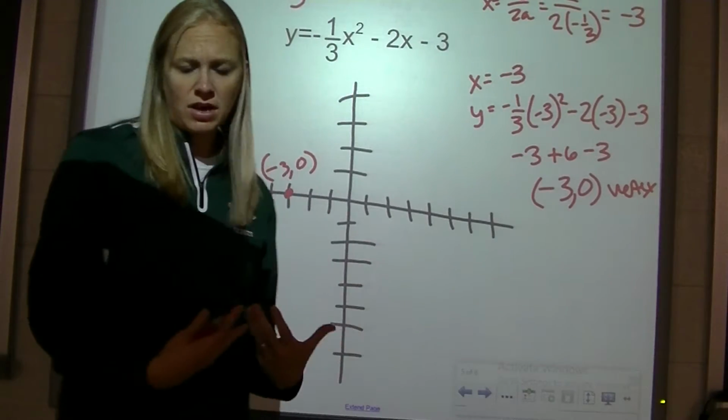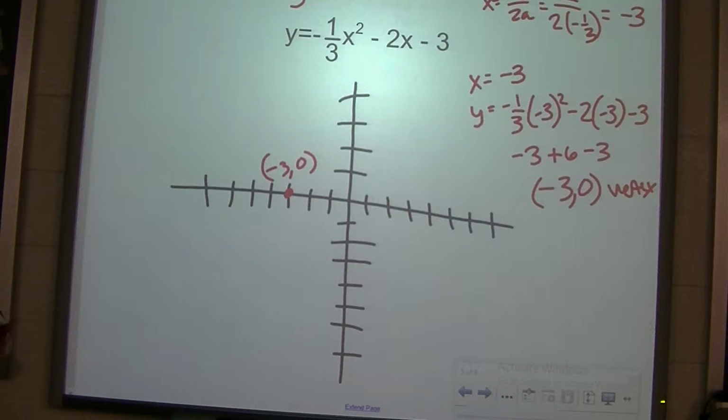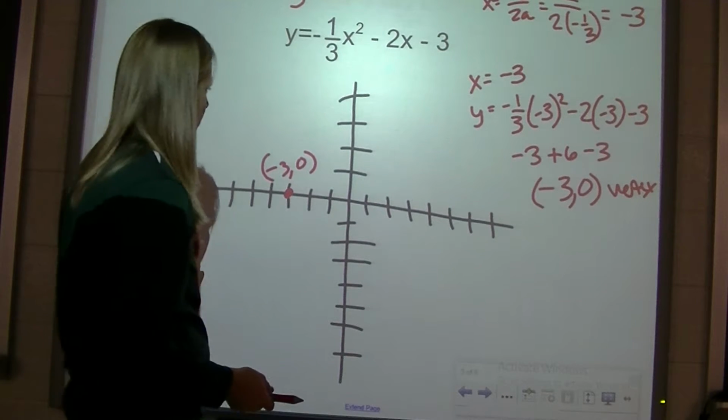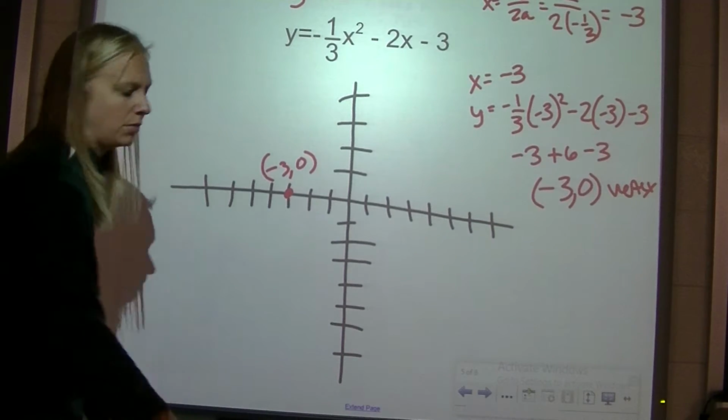And then just like we did with absolute value, and just like we did with the last problem, we're going to pick a value of x, plug it in, and see what y is when x equals that. I think I did -2. Okay, let's do that.